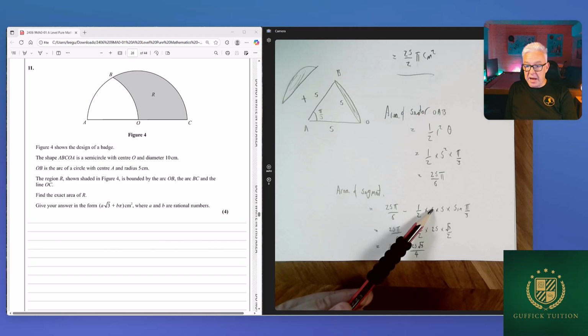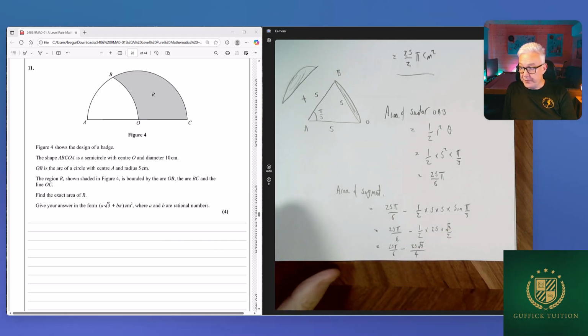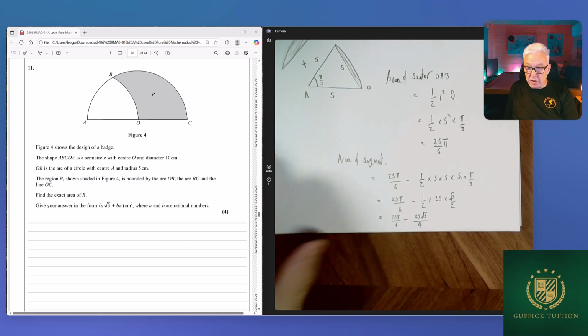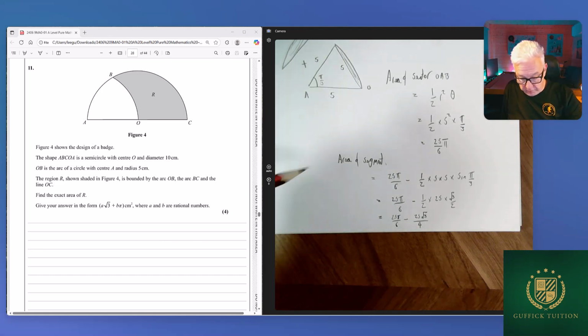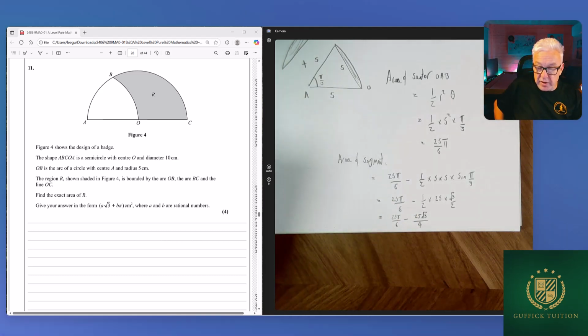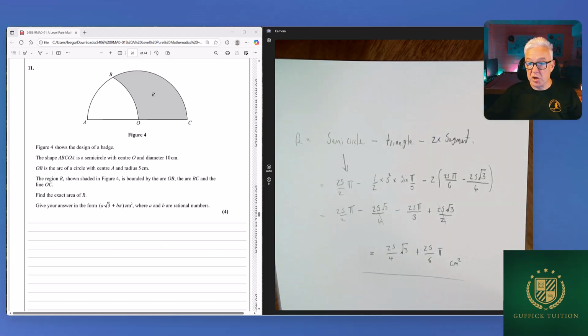So a half times a times b times sine of C, where C is pi over 3. So therefore we've now got our expression for the area of a segment. It's 25 pi over 6 minus 25√3 over 4. Okay, so we've got everything we need now to solve this question. So let's have a look and see how we're going to finish it off.